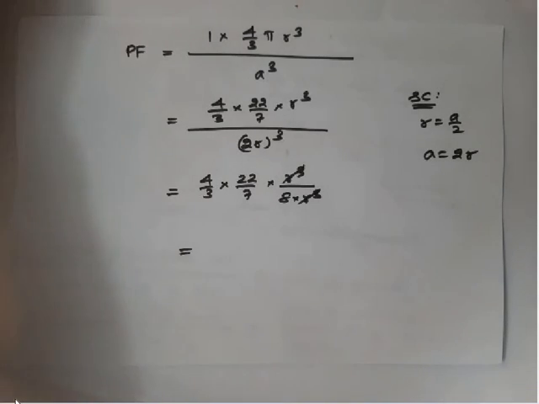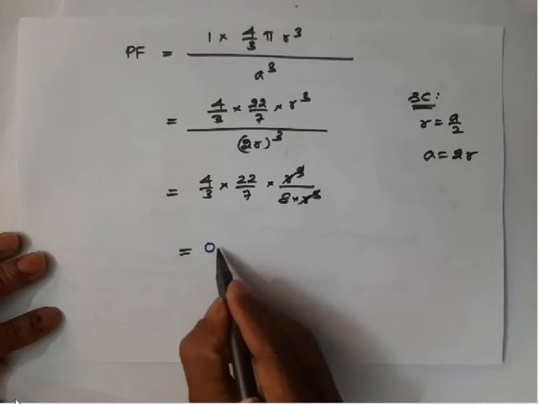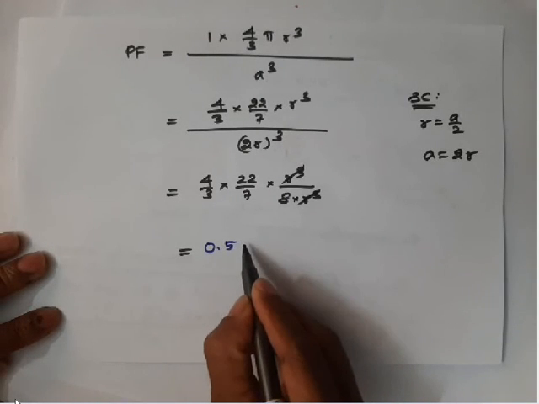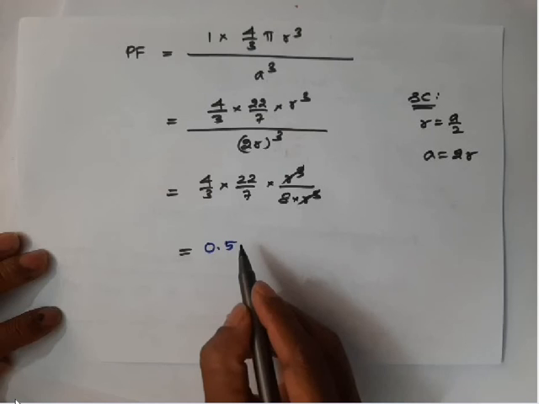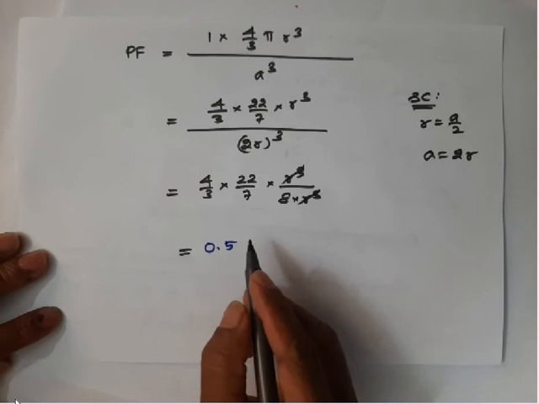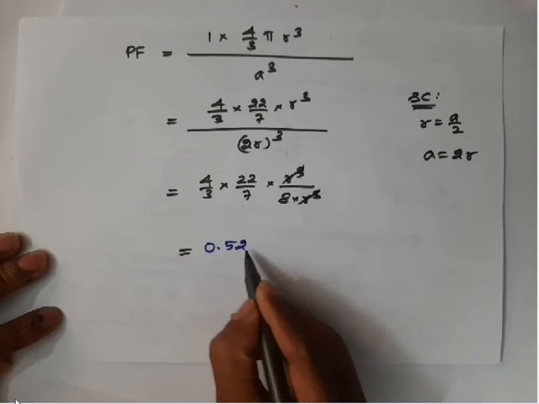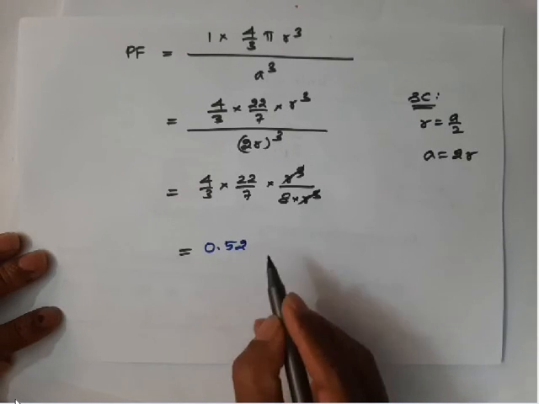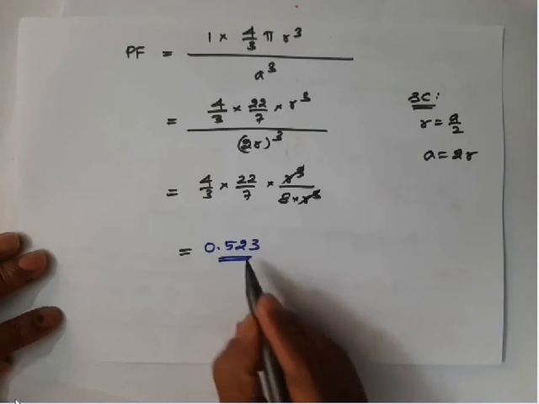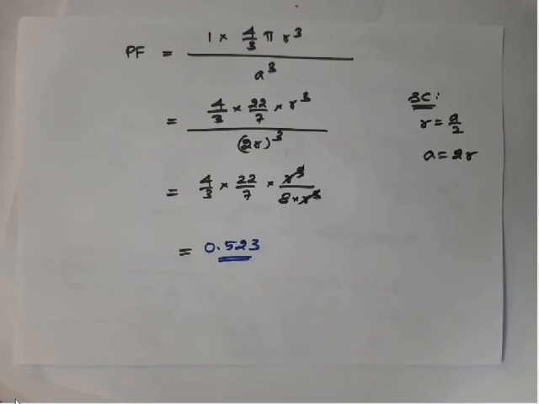Very good. 0.52, then any more digit? 3. 0.523. You can use calculator and find it out exactly. So this is the packing fraction of simple cubic unit cell.